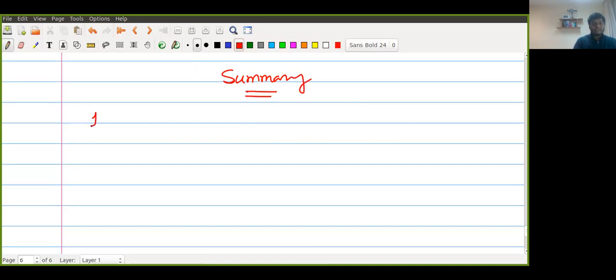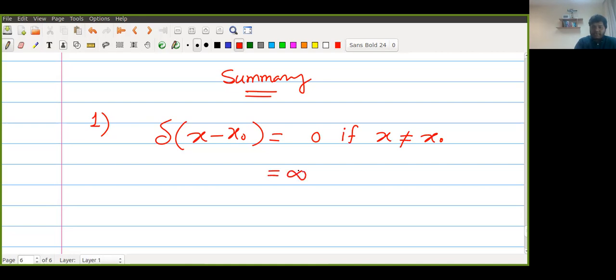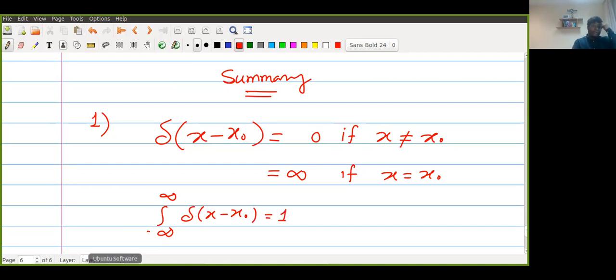The very first thing we learned today is how we define the Dirac-delta function: delta of x minus x naught equals 0 if x is not equal to x naught, and equals infinity if x equals x naught, and also the integral from minus infinity to plus infinity of delta of x minus x naught equals 1.